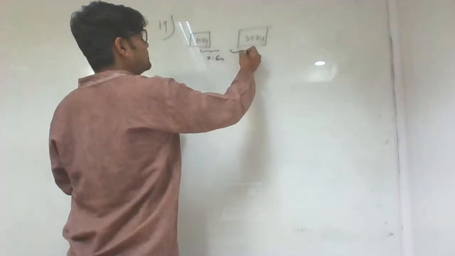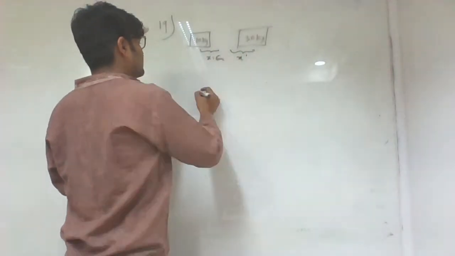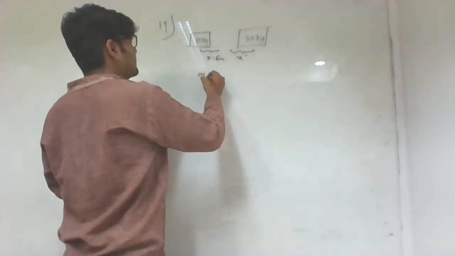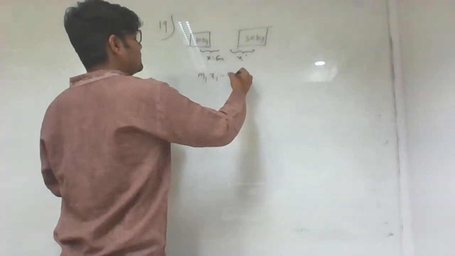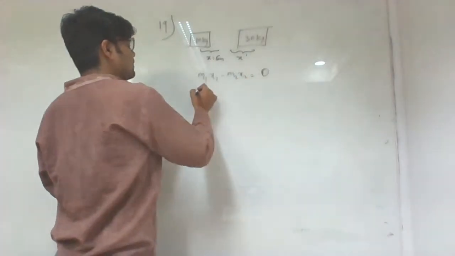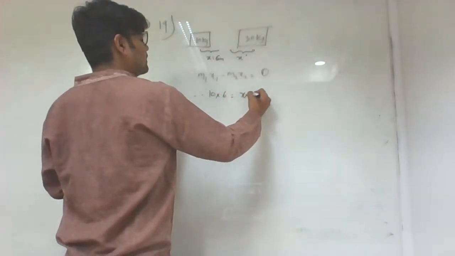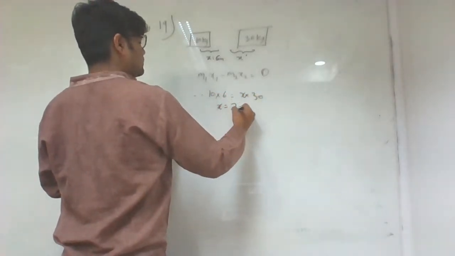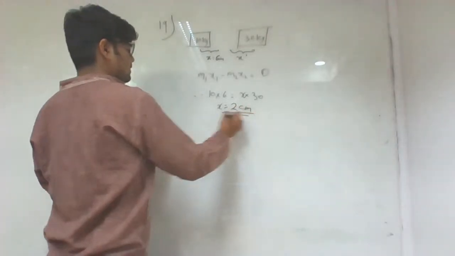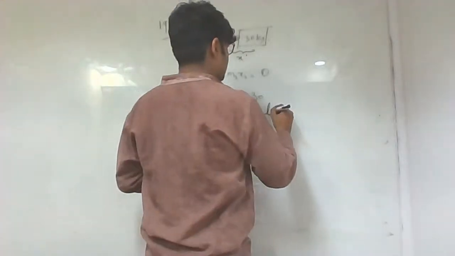How much should this be shifted to this side so that the center of mass does not shift? So this is m1 x1 minus m2 x2 is equal to 0. Therefore 10 into 6 is equal to x into 30. X is 2 centimeters. Left. This is left.